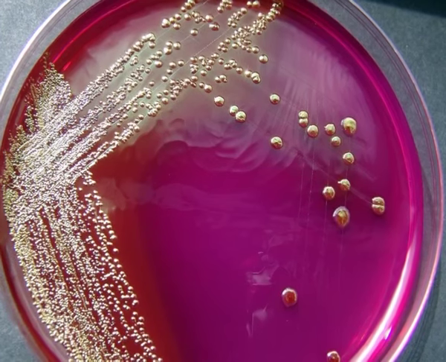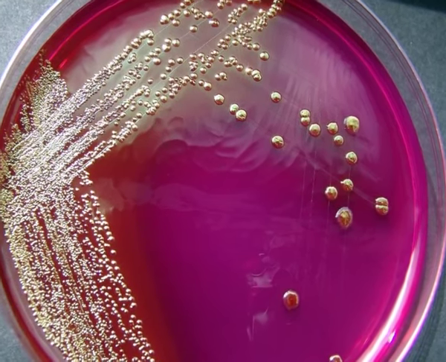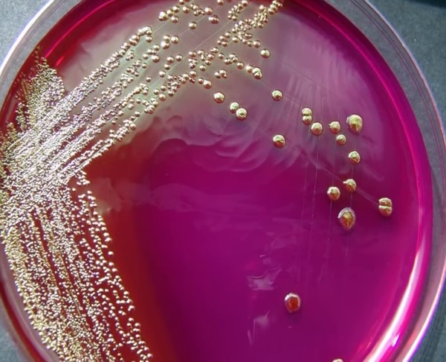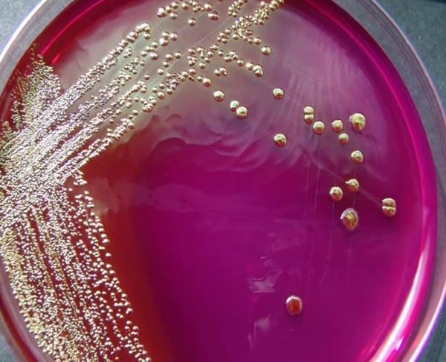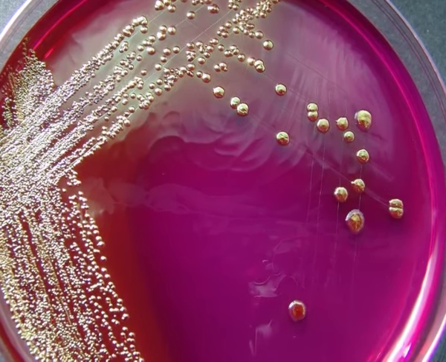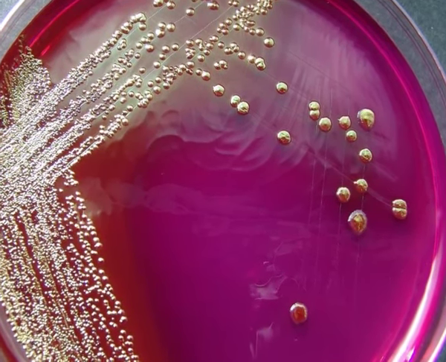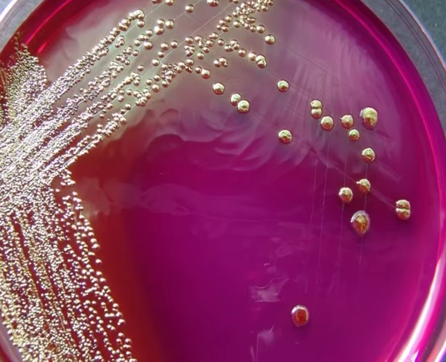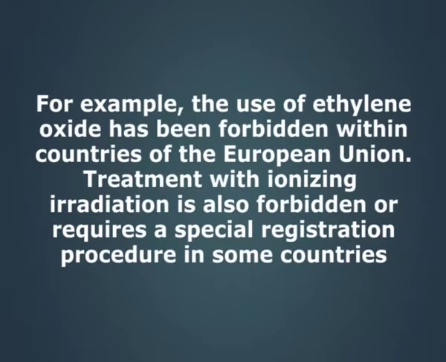The determination of Escherichia coli and molds may indicate the quality of production and harvesting practices. Methods for determination are restricted. For example, the use of ethylene oxide has been forbidden within countries of the European Union.